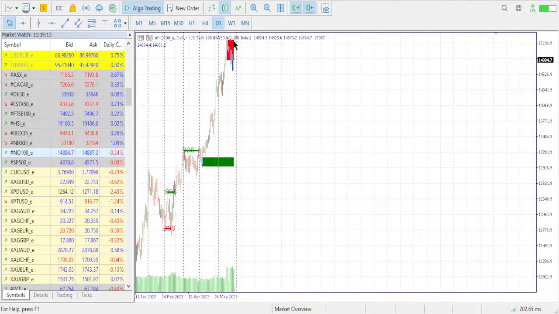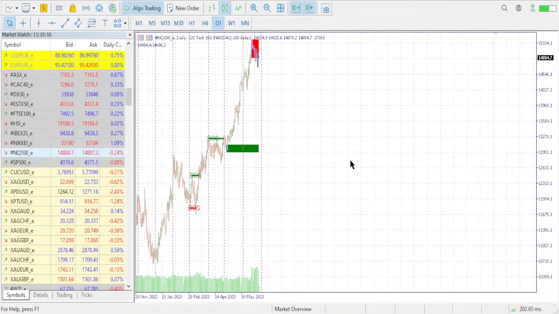So it looks like the chart has not loaded much information. Let's give it some time to load for us.